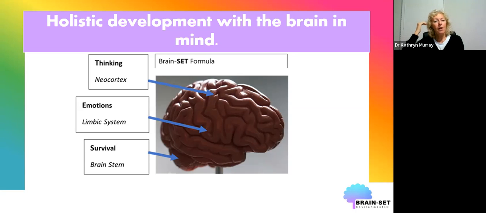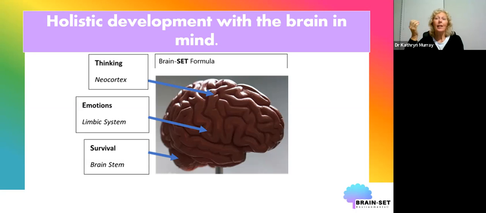That's our survival part of the brain, and I'll talk a little bit more about that soon. Up here behind our ear is where the limbic system lives, and there's a little gland in there called the amygdala, and the amygdala works on feelings, emotions. So it's sort of like our emotional register, I guess.